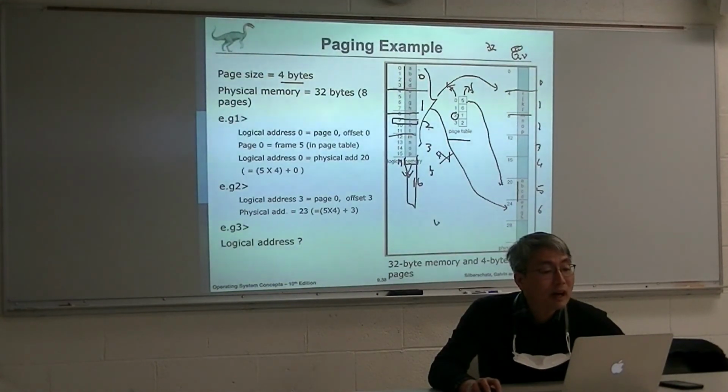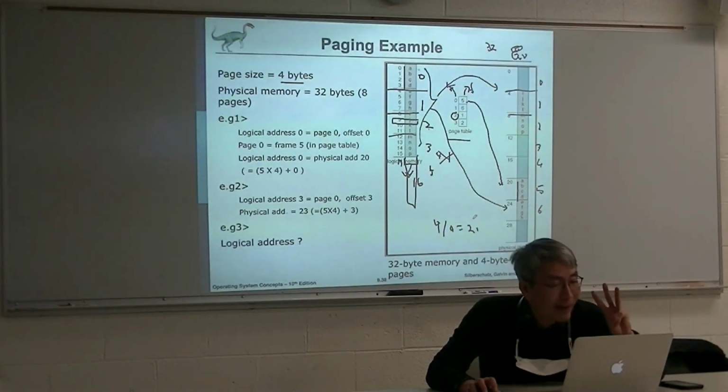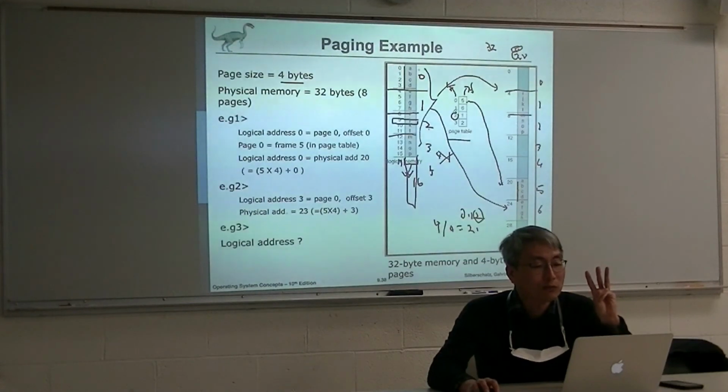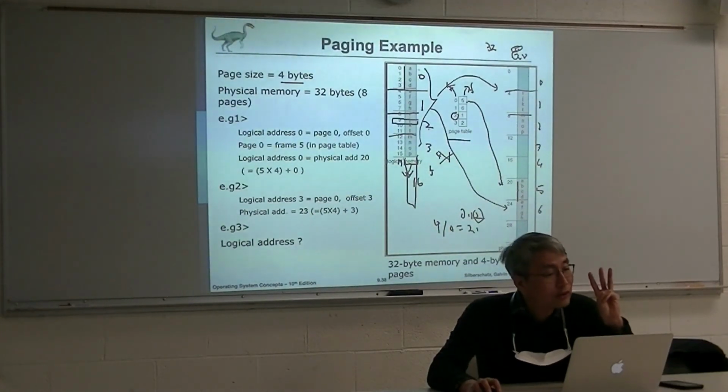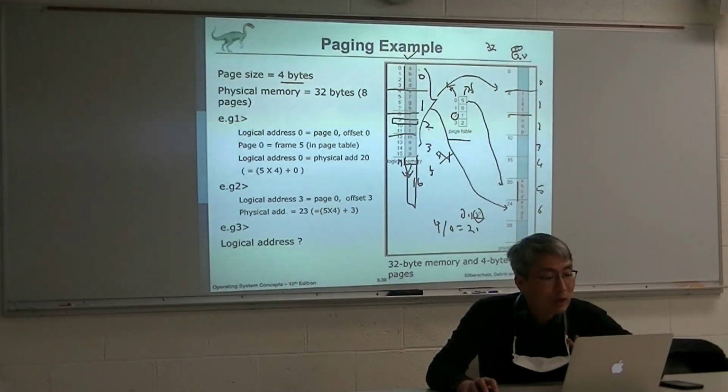How? 9 divided by the page size, which is 4, is going to be 2 point something. That is the third page, 0, 1, 2. So the page number is 2, even though I do not provide this diagram. You can calculate it. Then the offset is 0, 1. So page number is 2 and offset is 1.